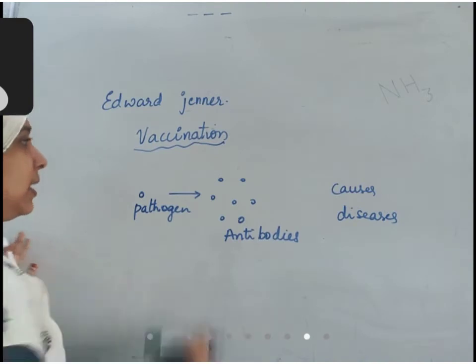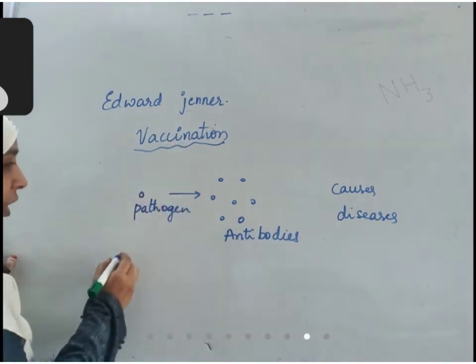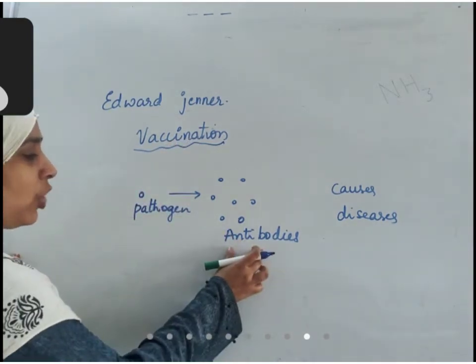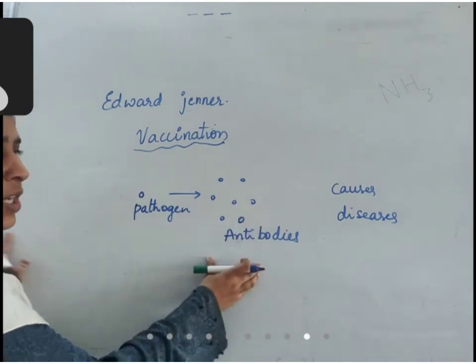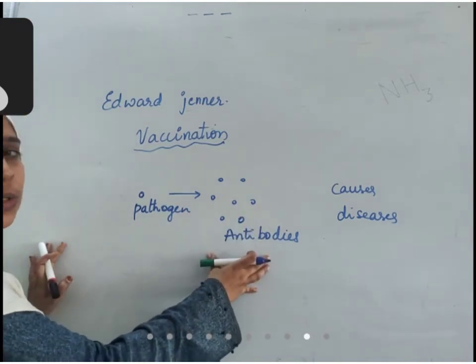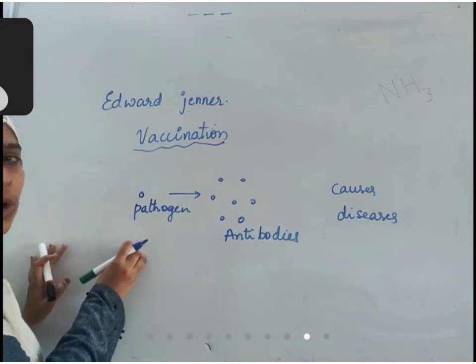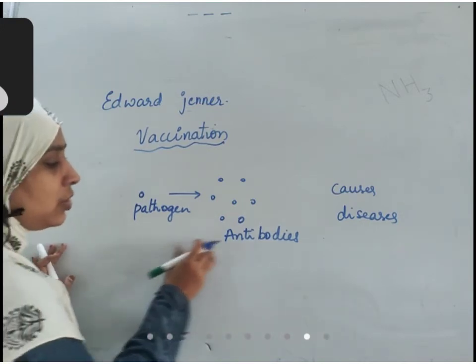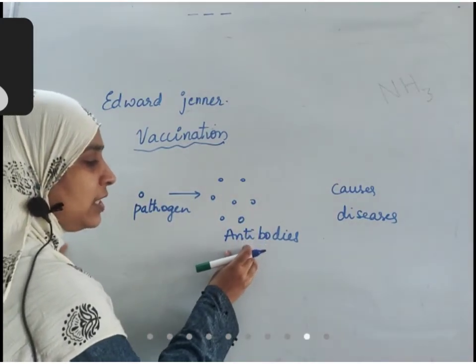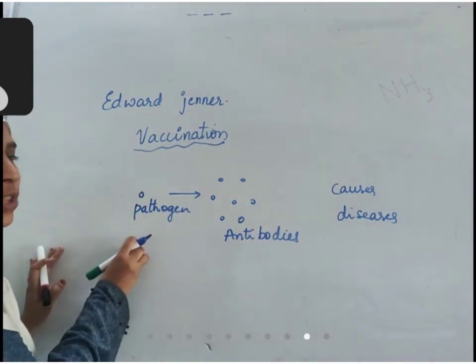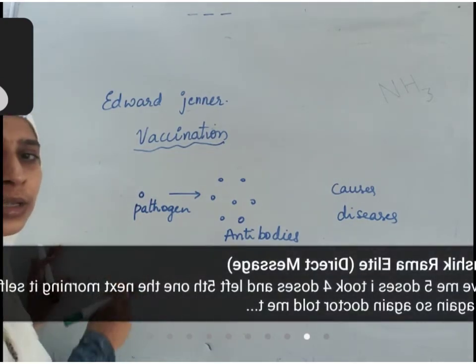But in vaccination, we are producing these antibodies before the pathogen enters. Like we are appointing security for our house before the thief enters into our house. Same like that, we are producing antibodies in our body before this pathogen enters our body.